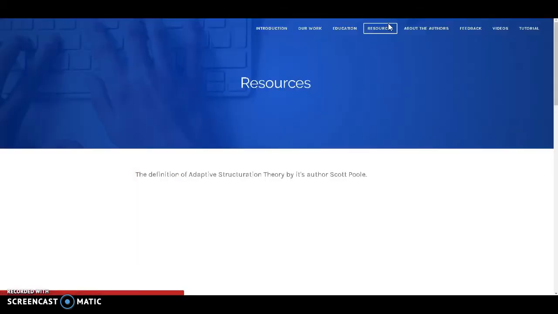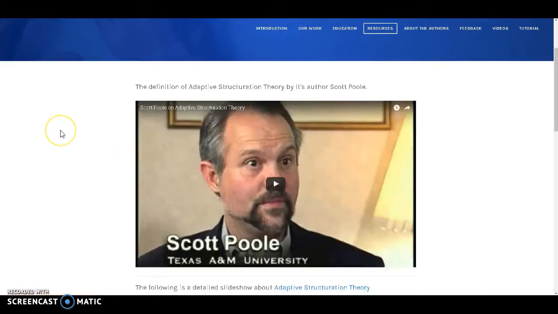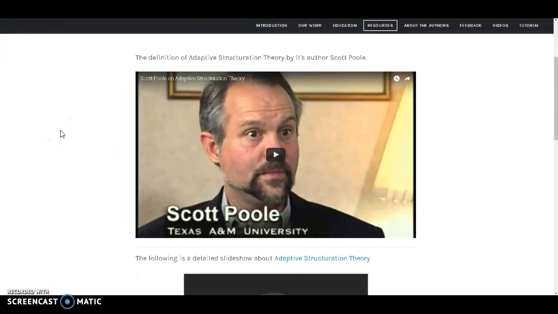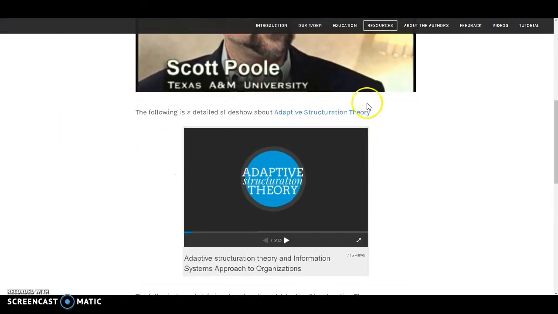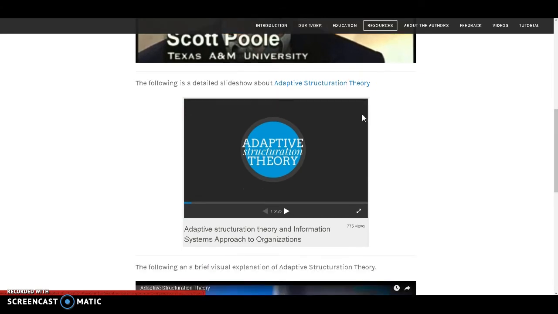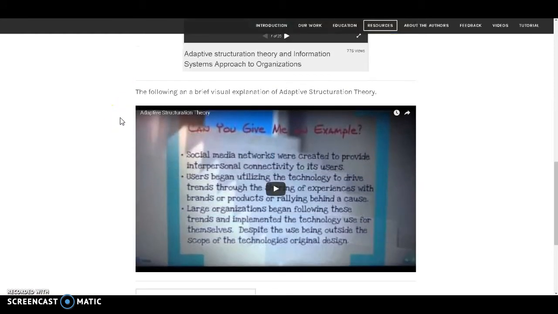The next page is the resource page. The first thing that you'll see on this page is Scott Poole's YouTube video on how he derived the theory, or how he authored the theory, what the basis of the theory are, what the basic foundations are, the key characteristics. Then you will be provided with a link to a slideshow, which basically gives you a very detailed understanding of the adaptive structuration theory.